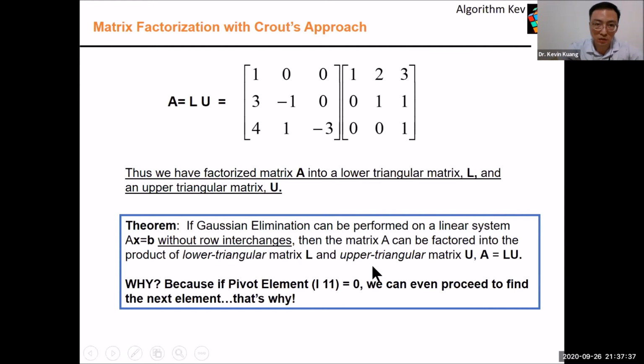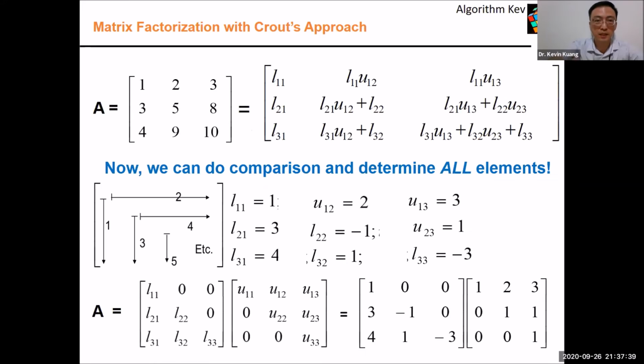Now let's go back one slide. You notice that in order to be able to find all these values, we really need to know the value of L11. So if L11 is 0, you can see that it is not possible to determine U12. And if we are not able to obtain U12, subsequently we will not be able to obtain the rest of the other calculations.